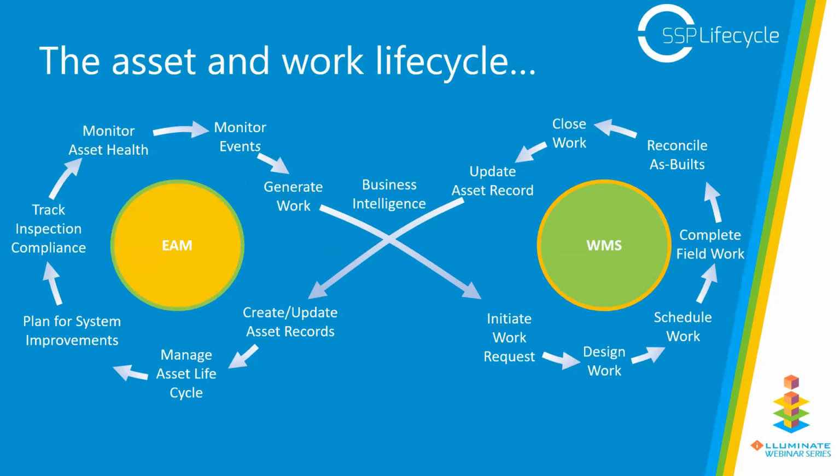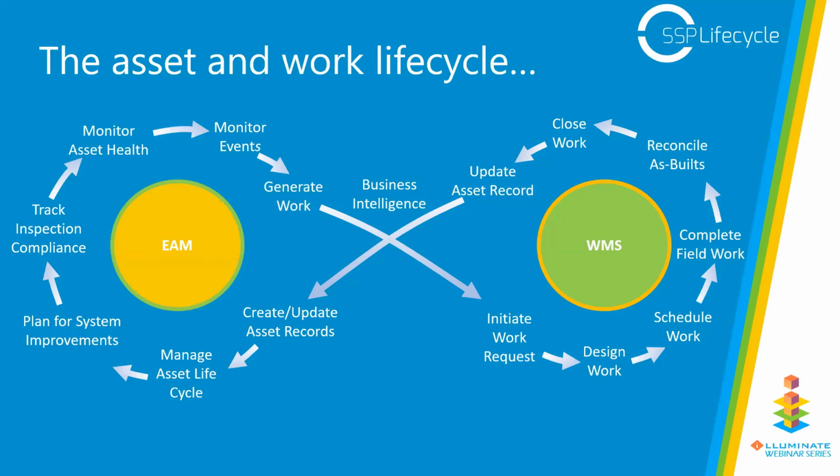The asset and work lifecycle is best exemplified by this diagram. We've borrowed this graphic from one of our customers, and we refer to it internally as the asset infinity loop. And basically what it's indicating is that there's a work and asset management continuum anytime you're putting an asset into service.